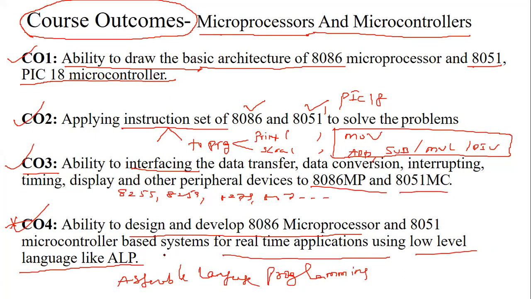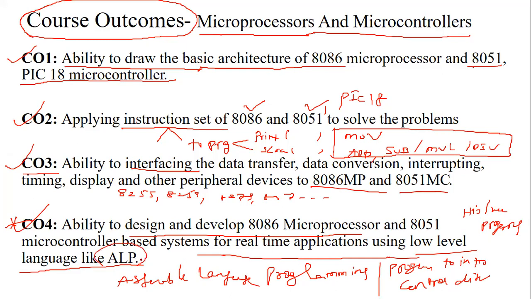After completion of the entire syllabus, the student is able to write new programs to interface different types of devices, or to operate or control different types of devices. The student is able to write his or her own programs. It is nothing but automation. These use low-level languages and assembly language programs.